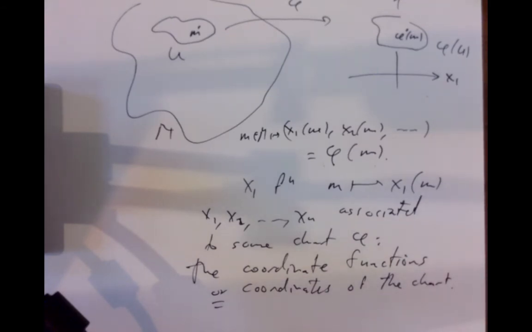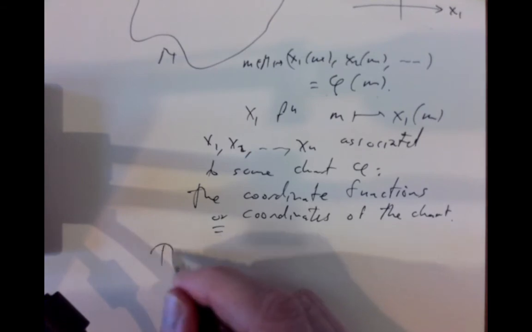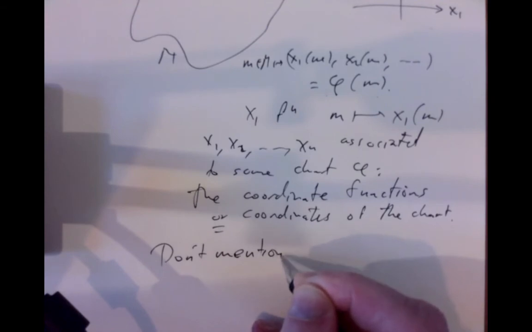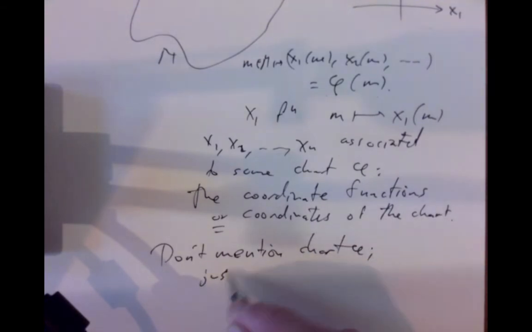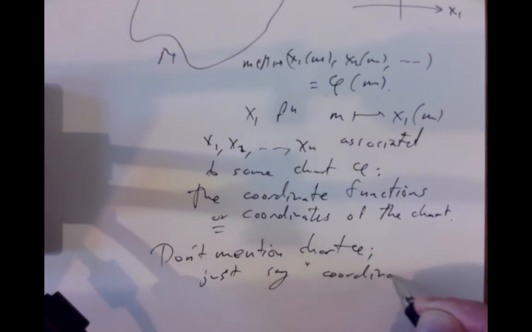Now, mathematicians, and especially people who use mathematics, more so than people who work in mathematics, tend to just say, rather than talking about a chart at all, you often don't mention charts. What if we don't mention the chart phi itself, and we just say coordinates x1 dot dot dot xn.